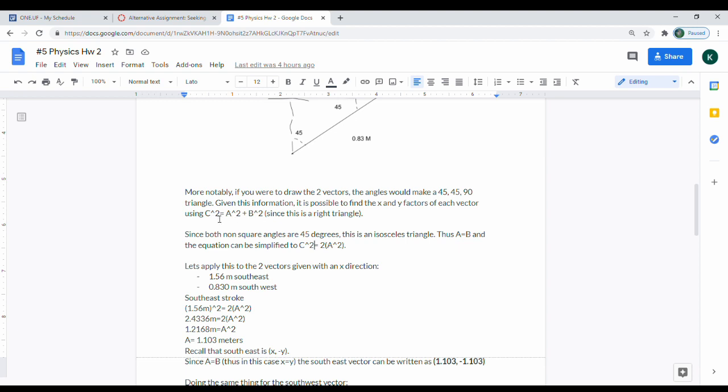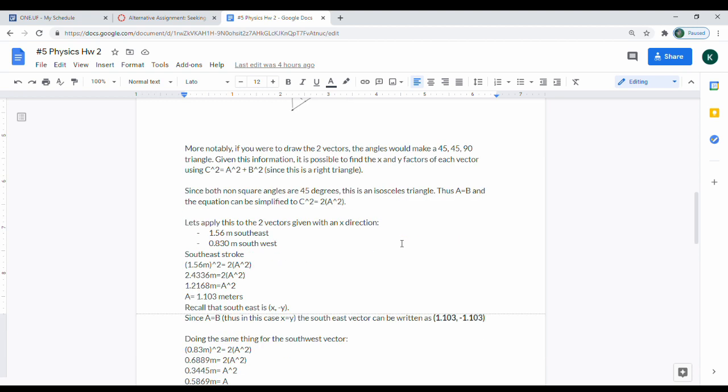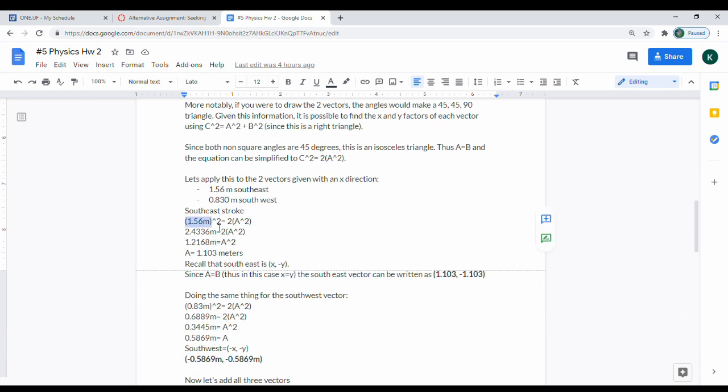So instead of using c squared equals a squared plus b squared, I turn it to c squared equals 2 times a squared because a and b are the same. So then we just plug in 1.56 as c, and we try to figure out what a is. And if you go through the work, a would equal this.